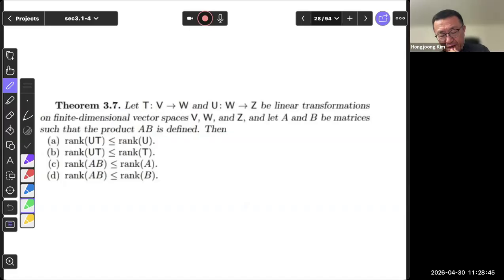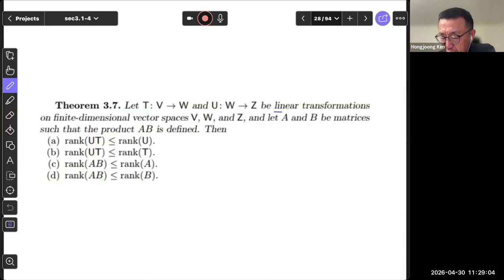Now, in Theorem 3.7, suppose that I have two linear transformations, T and U. T is a linear transformation from V to W, and U is a linear transformation from W to Z. And let A and B be matrices such that the product A times B is defined.